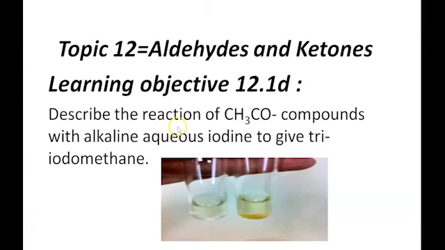This video is about topic 12.1d. Describe the reaction of CH3CO compounds with alkaline aqueous iodine to give triiodomethane, a pale yellow precipitate.